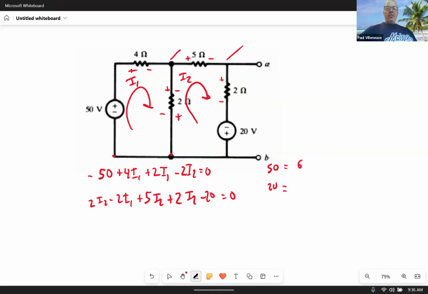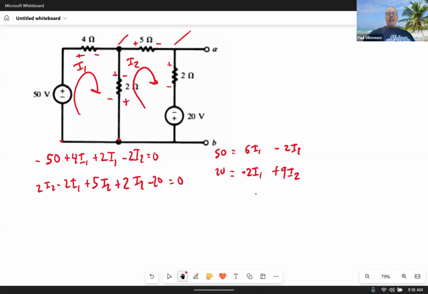That's going to be equal to 6I1 minus 2I2, minus 2I1, and I've got 2, 7 plus 9I2.